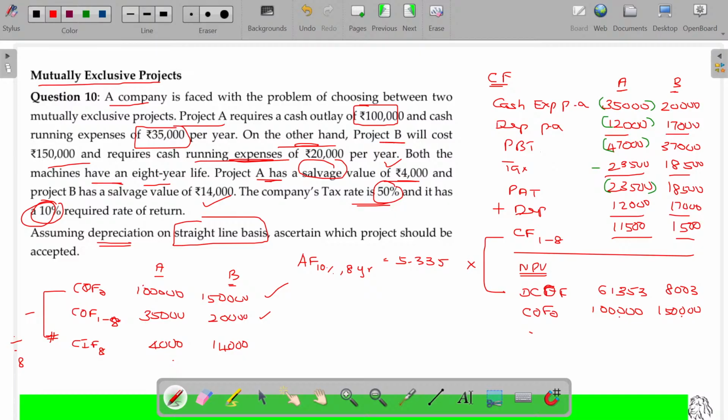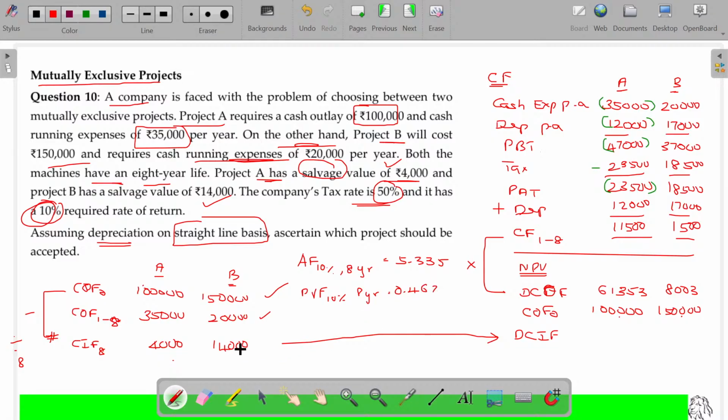Apart from that, there is the cash inflow by the end of the 8th year, or discounted cash inflow, because of selling the asset at the end, the scrap value. Now find out the PV factor at the rate of 10% for the 8th year. Come on. I think it is 0.467.